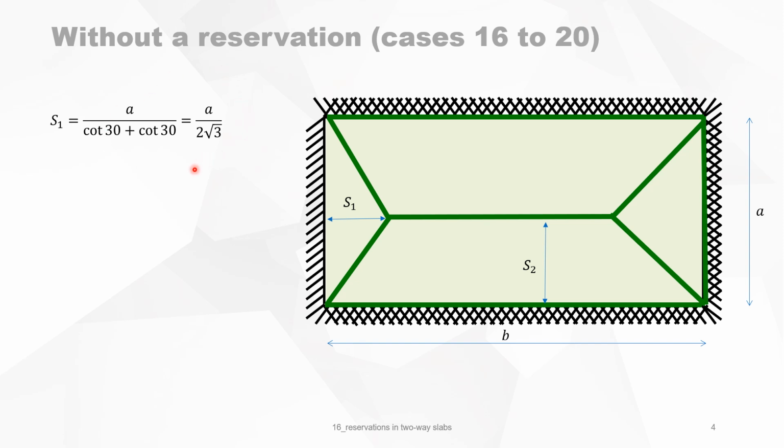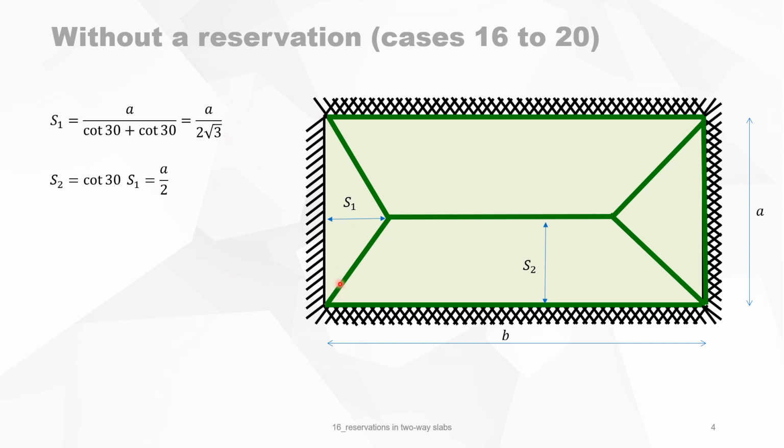And we see that this is a over 2 square root of 3. For S2, because this is 30 degrees, S2 is cotangent 30 degrees times S1, and is of course equal to a over 2.